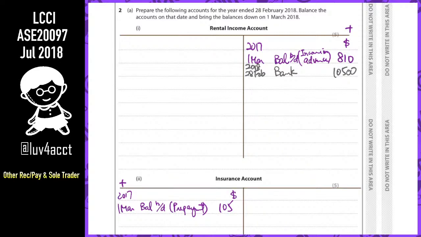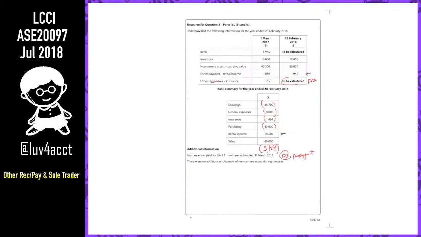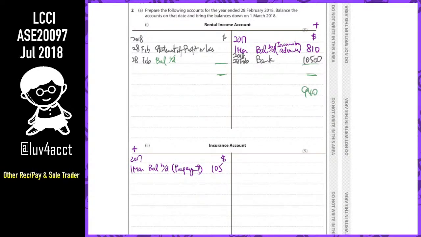Then we will have the closing balance and the transfer to statement of profit or loss. Usually I would put here first the 940, and then put it back there.